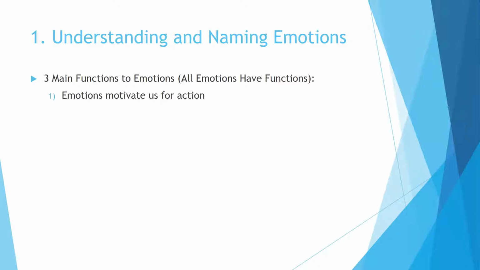So the 3 main functions of emotions: first, emotions motivate us for action. Fear is maybe an emotion that we don't necessarily like. I don't want to feel afraid, or I get trapped in fear for whatever reason, and I can develop a phobia. So we might think of it as a pretty painful emotion.